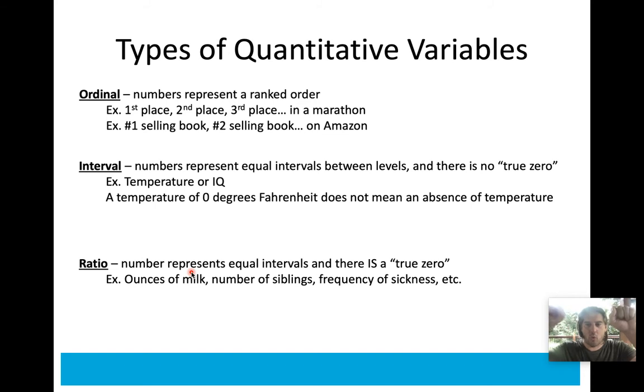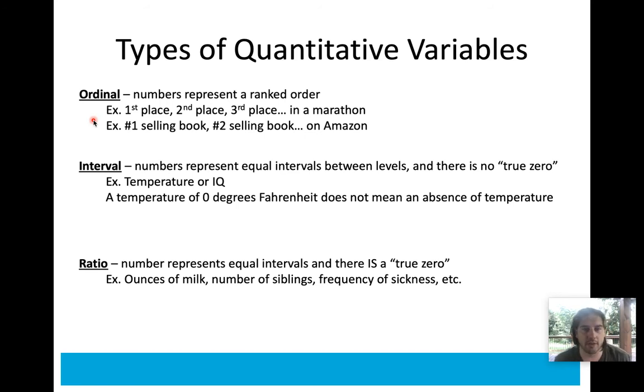But now let's take quantitative, so numeric data, and further divide that into three types of numeric or quantitative data. So first, there are types of data that we call ordinal. This is easy to remember because ordinal data put people into an order, a ranked order. So you've got first place, second place, third place in the marathon.